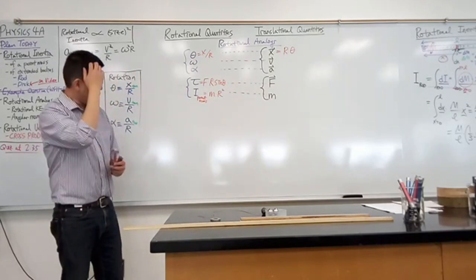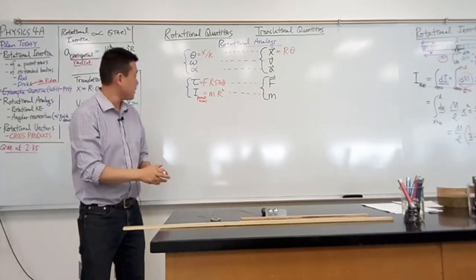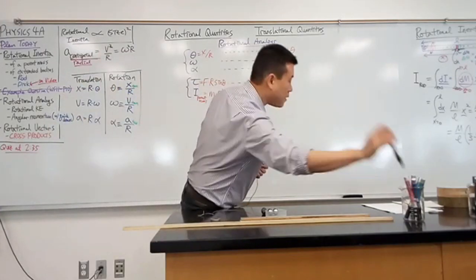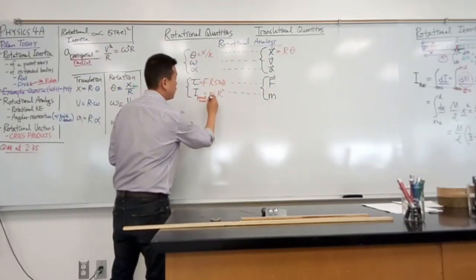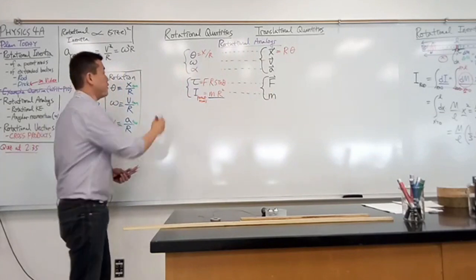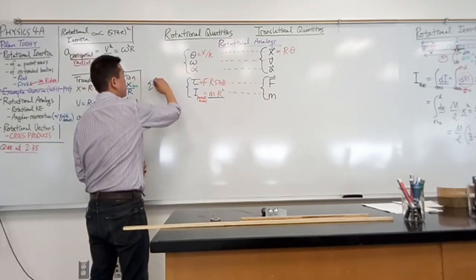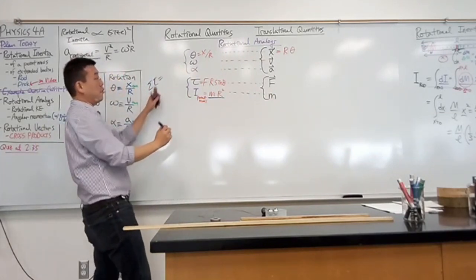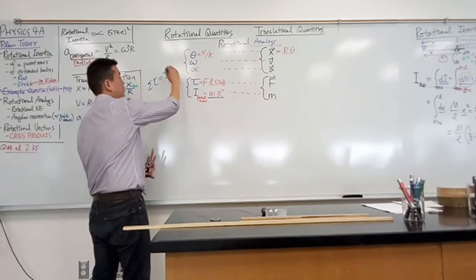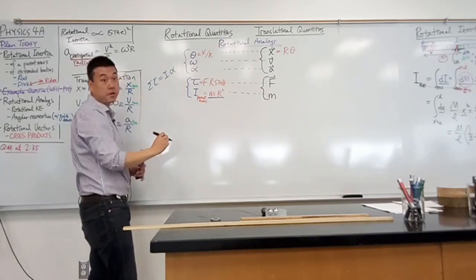And what I want to remind you is that when we came up with this description of rotational inertia, we had a particular goal in mind. We wanted to make sure that this relationship held, that net torque is equal to rotational inertia times angular acceleration.